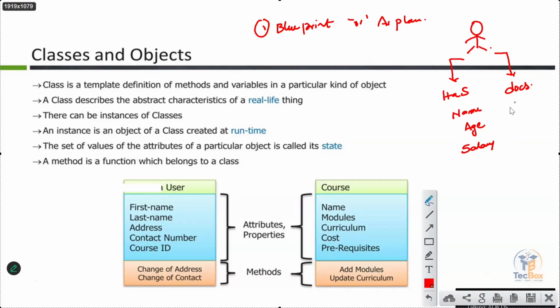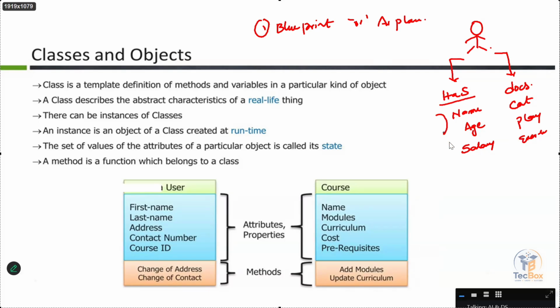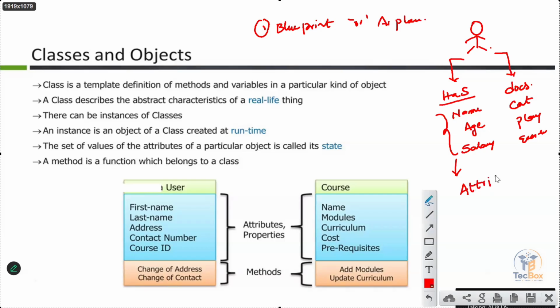What does a person do? A person will eat, play, and exercise. So what are these has parts? These has parts, like name, age, salary, come under attributes of the class.